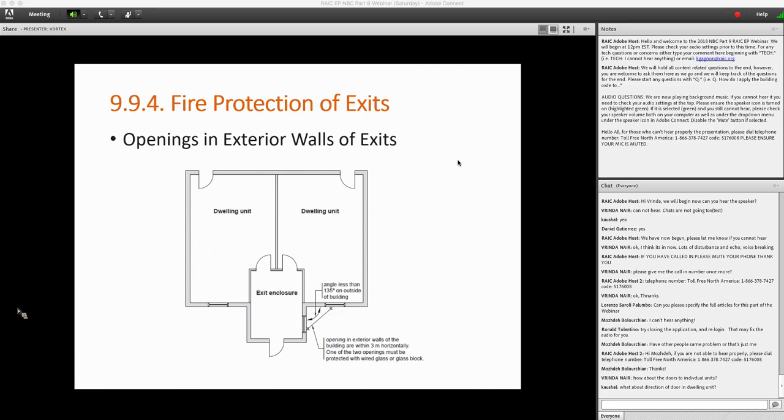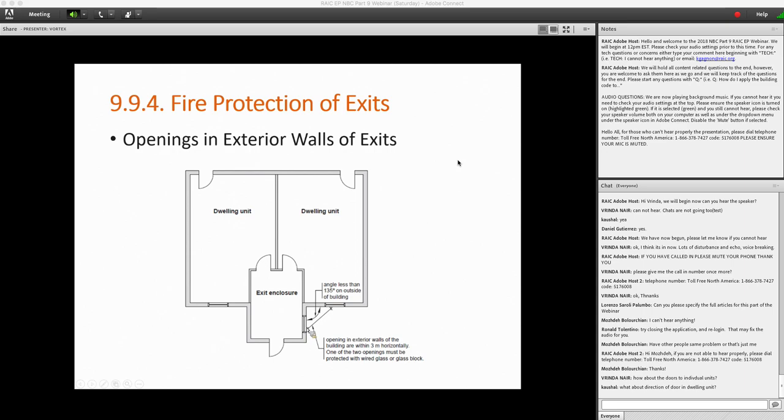The code requires protection of openings in exterior walls of a building that intersect at an angle less than 135 degrees, where the openings in the exterior wall of the building may lead to exposure issues within the exit fire separation. For instance, in this sketch, we have 2 dwelling units being served by an exit enclosure over here.